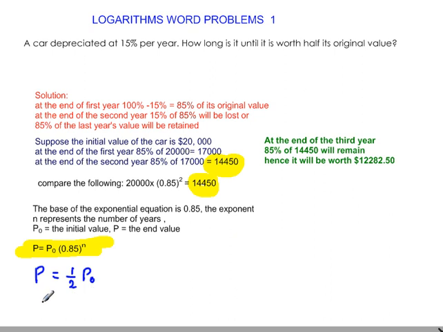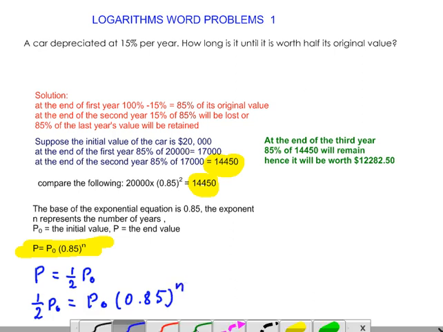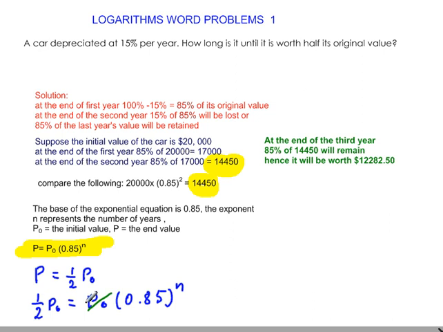So now you will see that to know the original price was not really that important, because P0, that's a common factor on both sides, will get eliminated in the process. So we can divide both sides by P0. P0 is not equal to 0, therefore it is safe to divide.